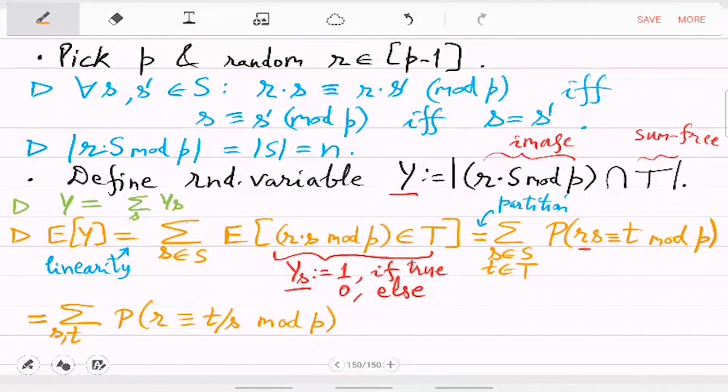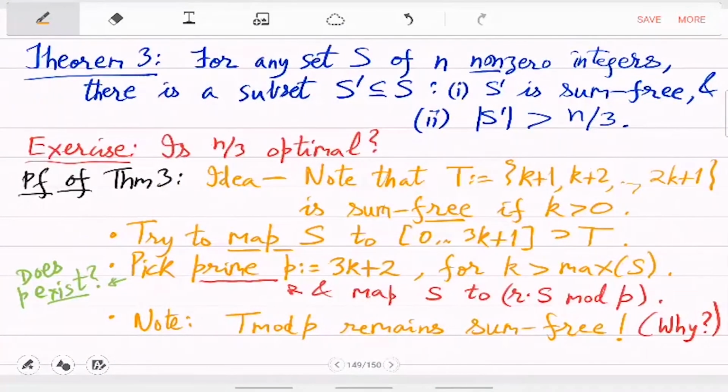Right, you can divide by S because we have taken S to be non-zero, and no element in S should become 0 mod P. That also we want. So let me add it somewhere. It should be added here.